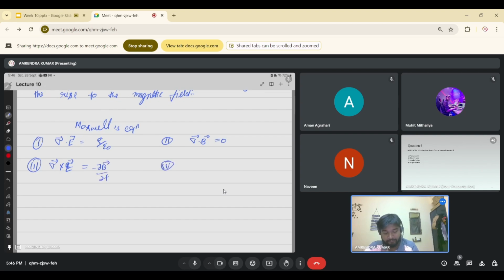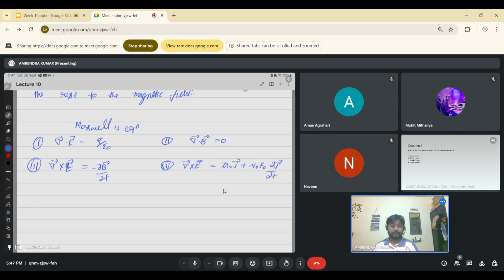The fourth one is del cross B equals mu 0 J plus mu 0 epsilon 0 del E over del t.